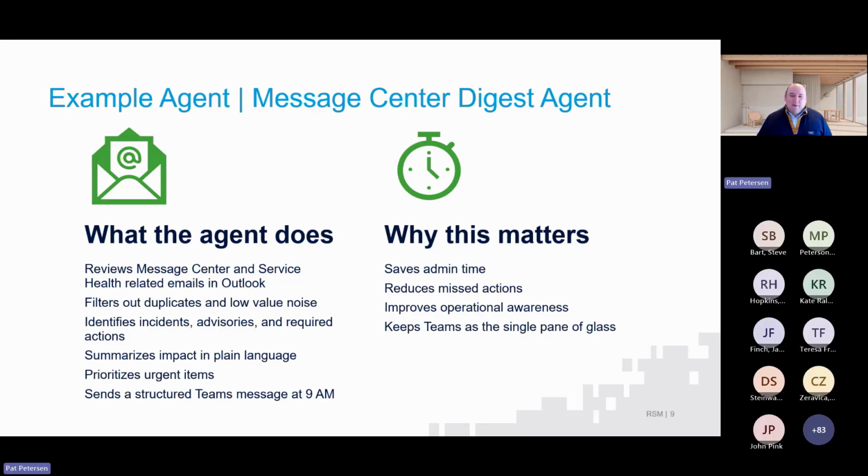And so that's the advantage for you: if you wanted to take 2 weeks off at the end of the year, you could, because when you come back, it's all going to be there as well. The other item is that I'm keeping Teams as a single pane of glass for us to be able to look. So I think that's the key takeaway here for us on what the agent is and why it matters. All right.